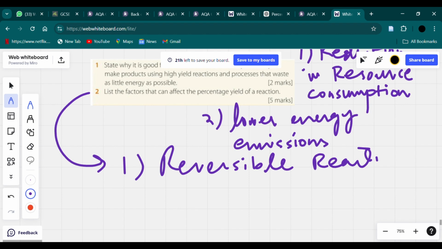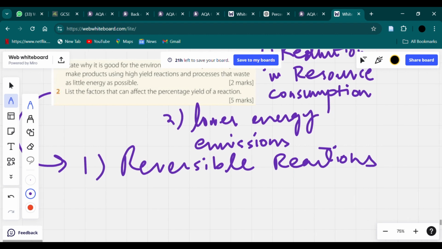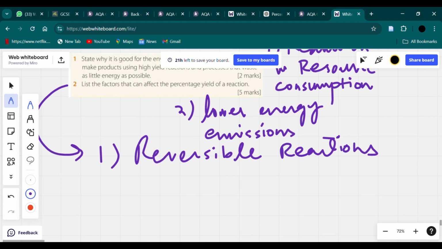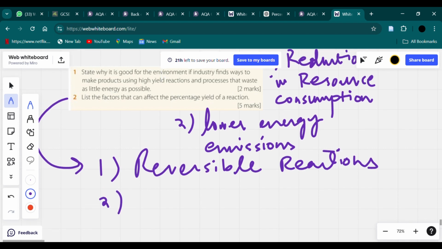Because of the reversible reactions, not all of the reactants are converted into products, because at the same time products are changed back to reactants. So because of that, not 100% of the reactants is converting into the products, and there would be less product yield, or less actual yield would be produced.